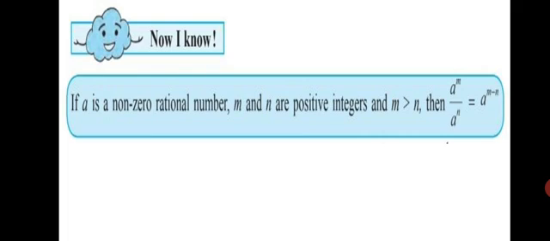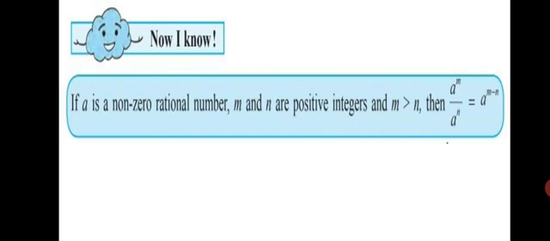Now I know if A is a non-zero rational number, m and n are positive integers and m is greater than n, then A raised to m upon A raised to n is equal to A raised to m minus n. That means when you get a division sum with the same base, you can subtract the index and keep the base as it is.